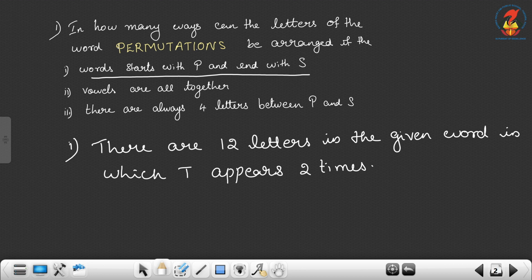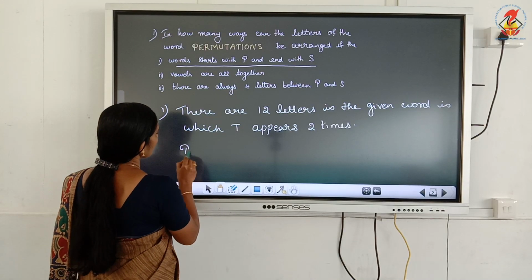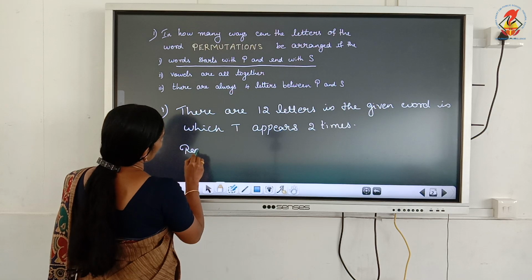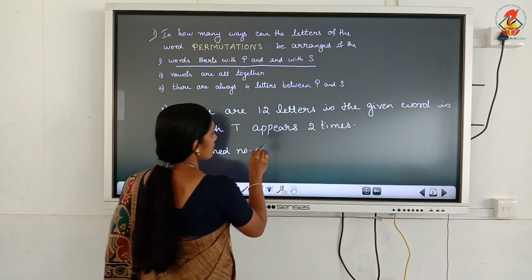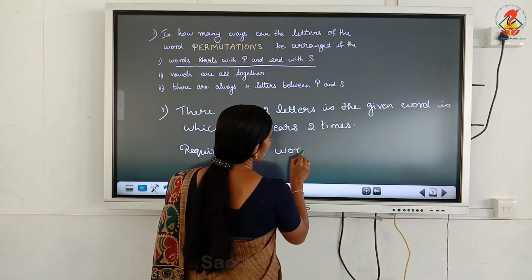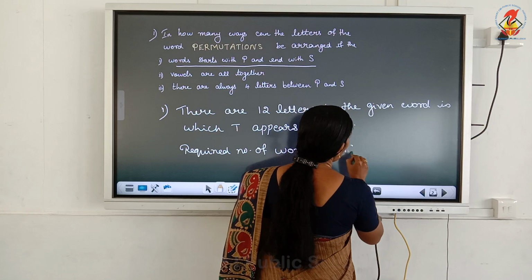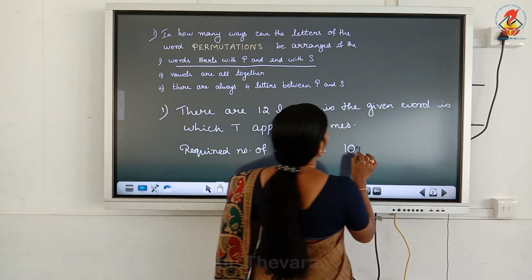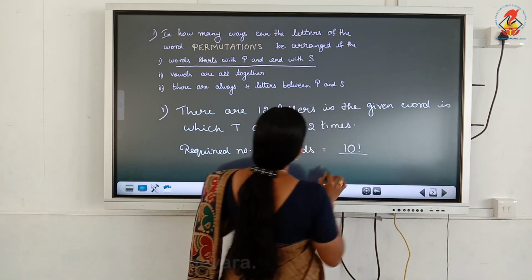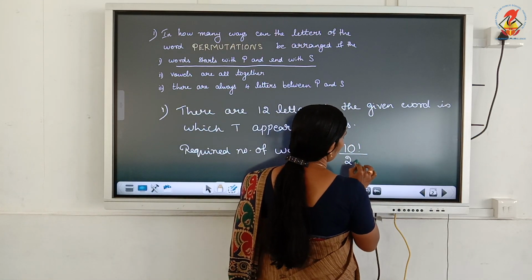So the required number of words is equal to: 10 places we can arrange in 10 factorial ways, isn't it? Then T appears 2 times, so we have to divide by 2.